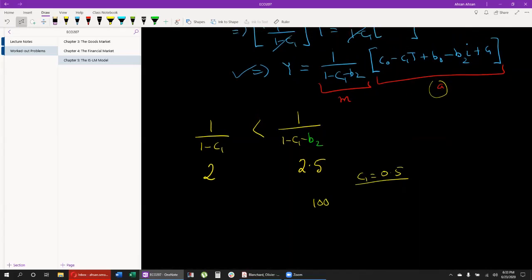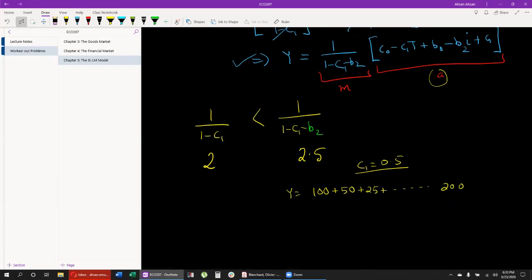He saves 50% and he spends the other 50. This 50 goes to the third person who saves 50% but spends the other 50, and so on. And if we add all of this up, what we are going to see is that the rise in Y is 200.